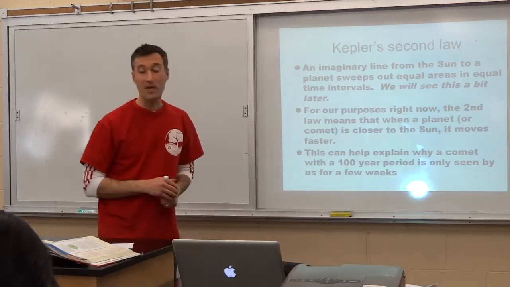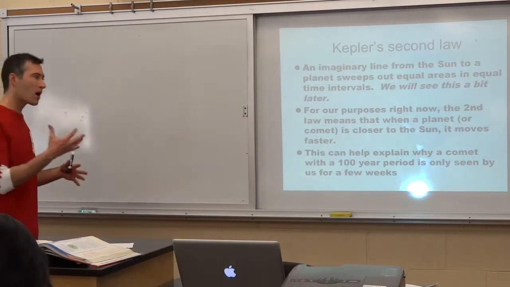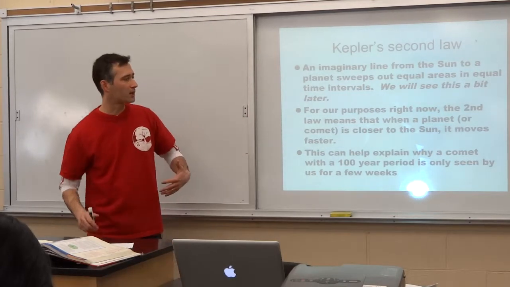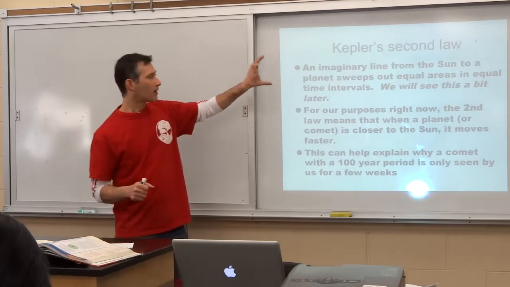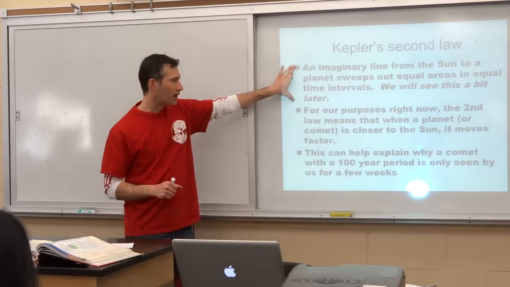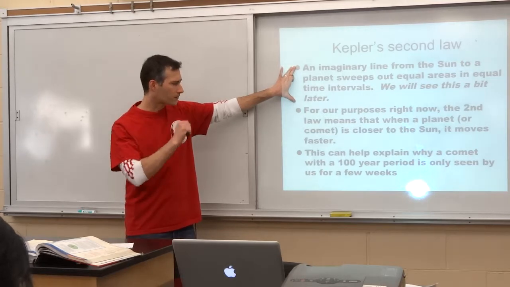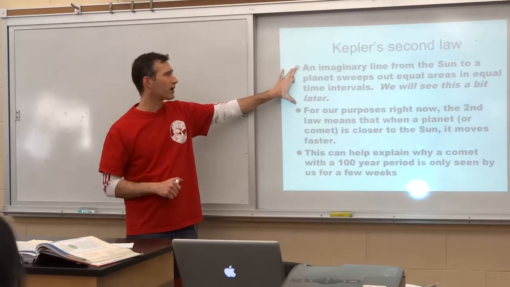Now, Kepler's second law actually is quantitative, but we're probably not going to look at the quantitative nature of it until the end of class today, or possibly even on Tuesday. So I'm going to give it to you, but then we're going to take a step back and remove some of the complexity from it for at least our purposes right now.